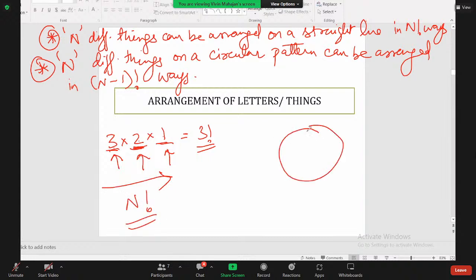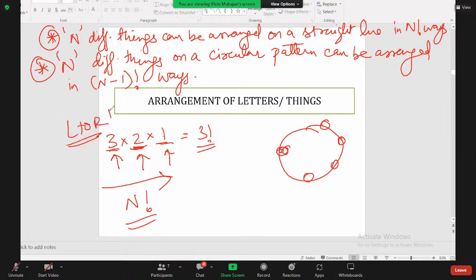But let's say I'm arranging things on a circular pattern. So let's say 1, 2, 3, 4, 5 seats are there and there are 5 people to be seated on these 5 chairs. Now, the point arises on a circular pattern: which one is the first position? Here we have already concluded we will always proceed from left to right.